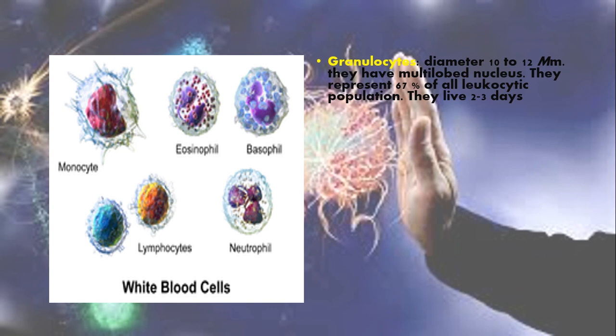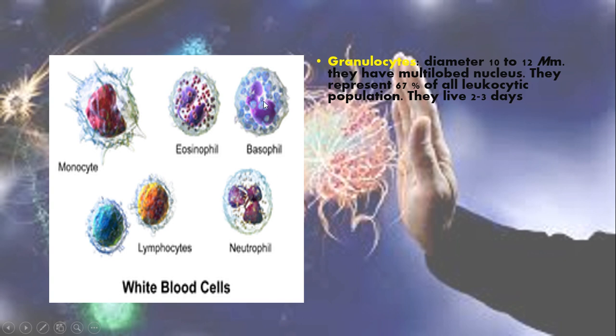First of all, we are going to notice the shape of the nucleus and the shape in general for each of the following cells. As you can see first, the granulocytes, usually the granulocytes are of three types. They are the eosinophils, the basophils, and the neutrophils. They have a diameter of 10 to 12 micrometers.